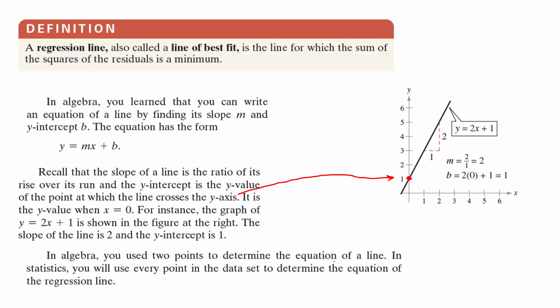But when it comes to statistics, we need a bunch of lines and try our best to make sure the squares of the residuals after adding them together is minimum. So the sum of d sub i squared is minimum. This is your goal in statistics.